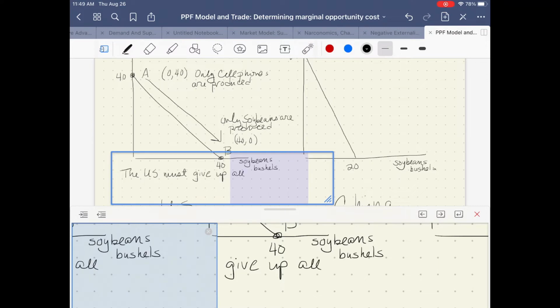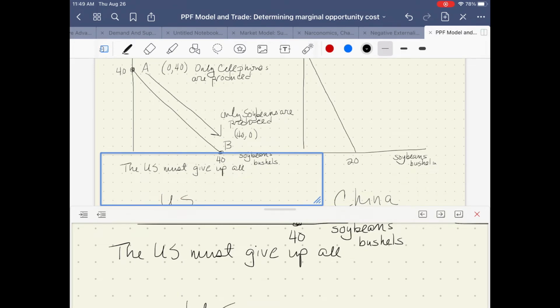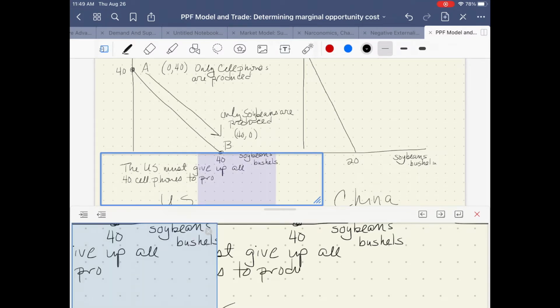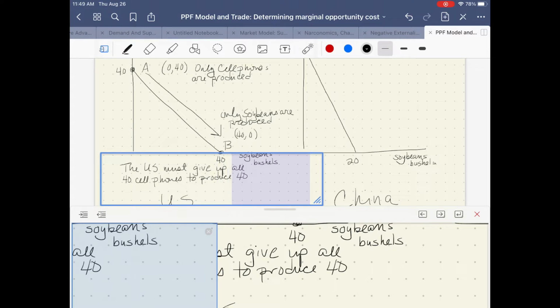And that's what I'm writing very slowly here. Once I finish writing this statement, we're going to simplify this so that we can determine the marginal opportunity cost of 1 bushel of soybeans.